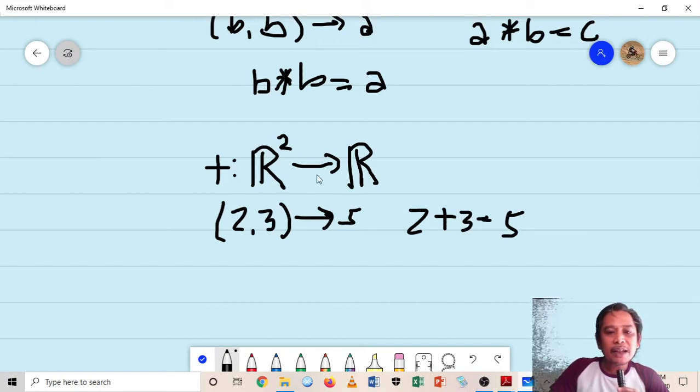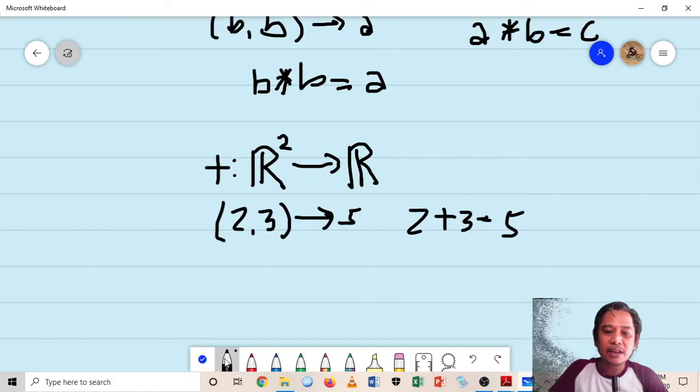Take note, binary operation is a function. When we say function, there should be an image for each element of the domain. Meaning, each ordered pair should be associated or paired with a unique element in the codomain. There should always be an answer, and that answer should be in the set in the codomain.